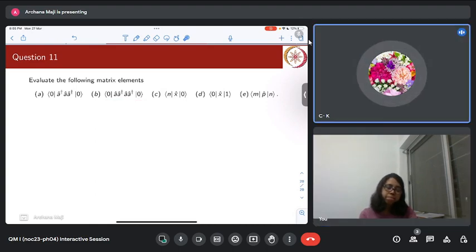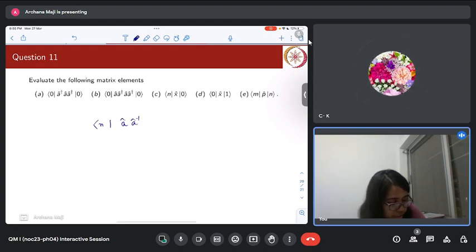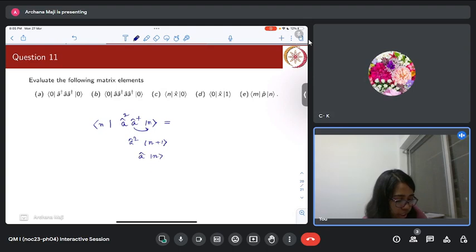Which one do you mean by equal number of annihilation operators? If you have a dagger acting on |n>, you get a non-zero value, you don't get 0. But suppose you have a squared: a dagger on a will give you some constant times |n plus 1>. Then a on |n> will give you |n minus 1>.